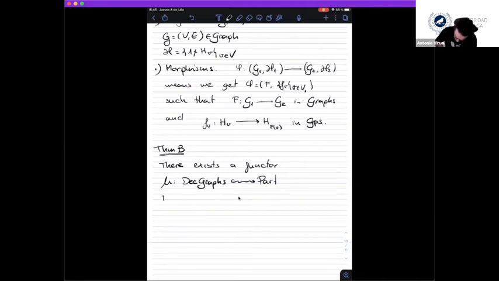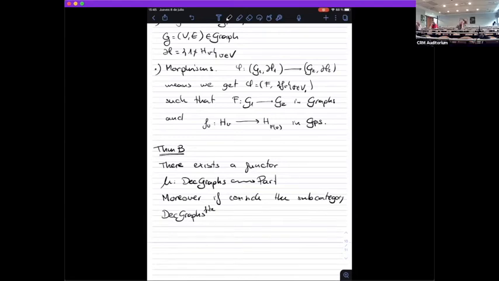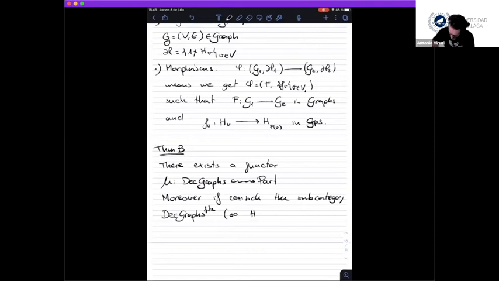Moreover, if we consider the subcategory where the H_v are not only groups but finite groups, right?